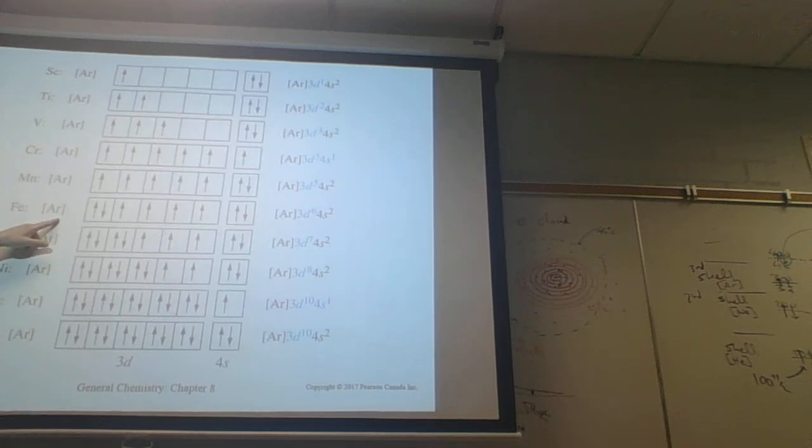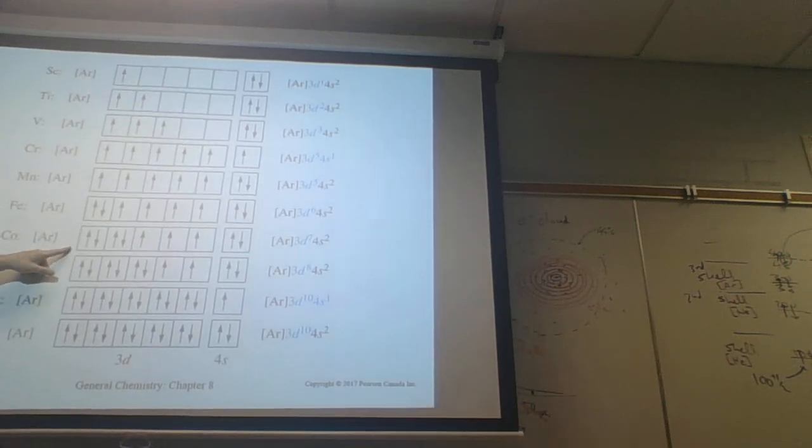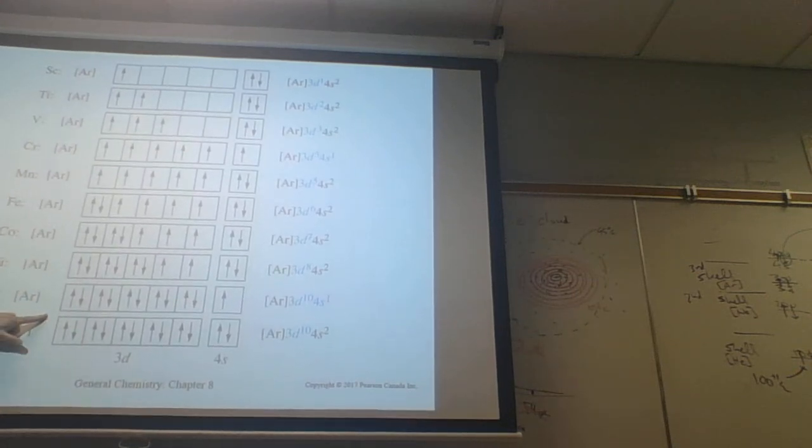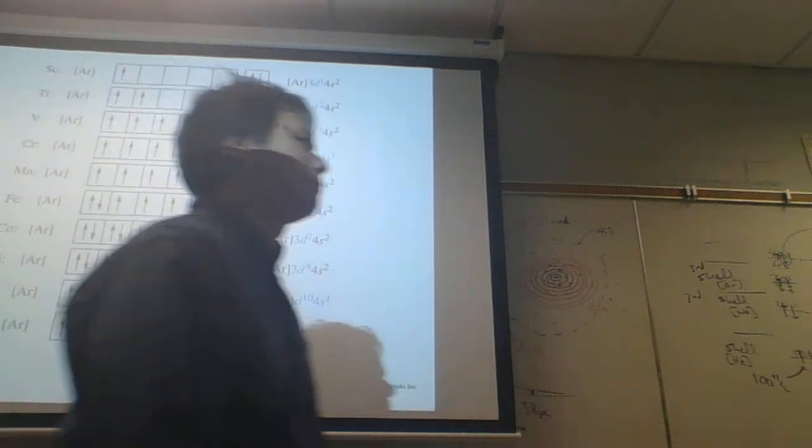And then things progress. Iron, we add another electron. Cobalt, another electron. Nickel, another electron. However, when we get to copper, we run into the same thing.